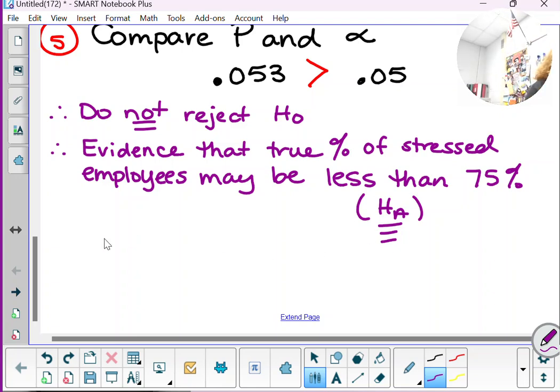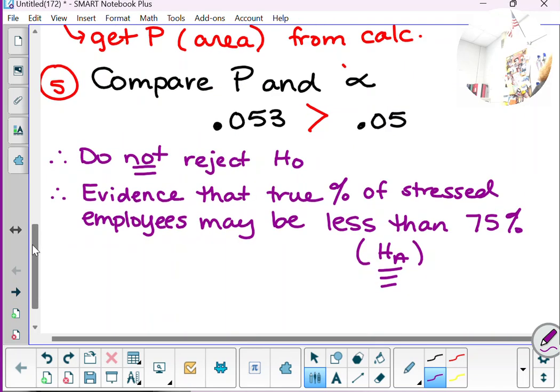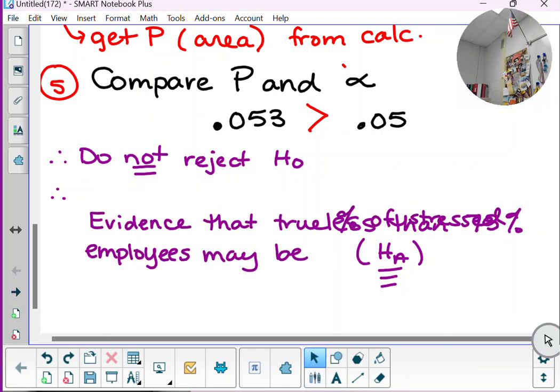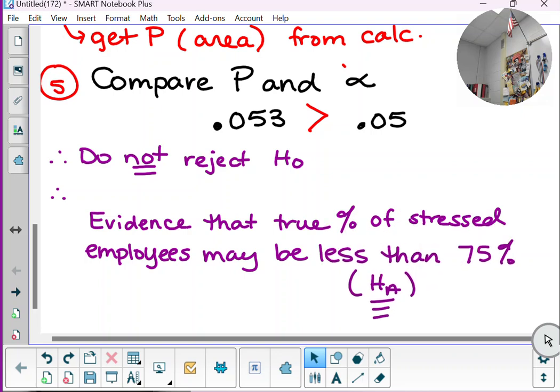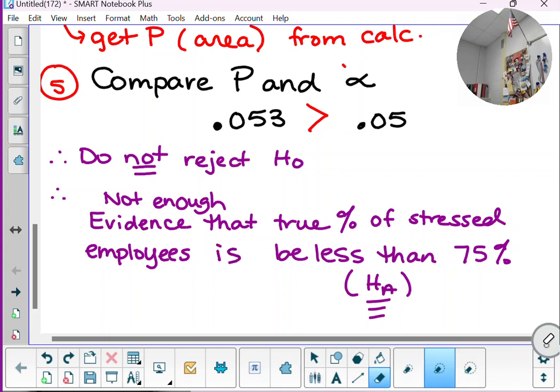All right. So because, there's not evidence. I'm sorry. I'm so horrible. I did that totally backwards. Let's try that again. We're going to say if we're not rejecting, then there's not enough evidence. There's not really evidence that it is less than 75.